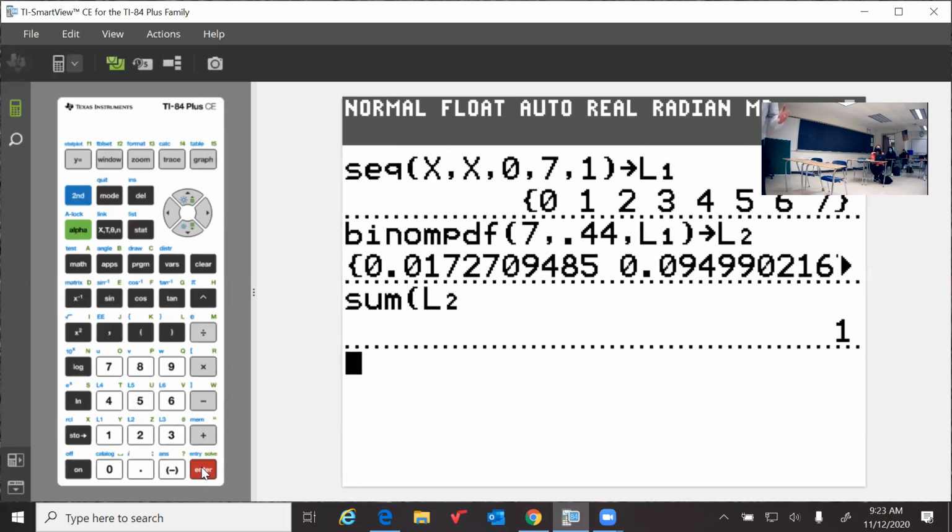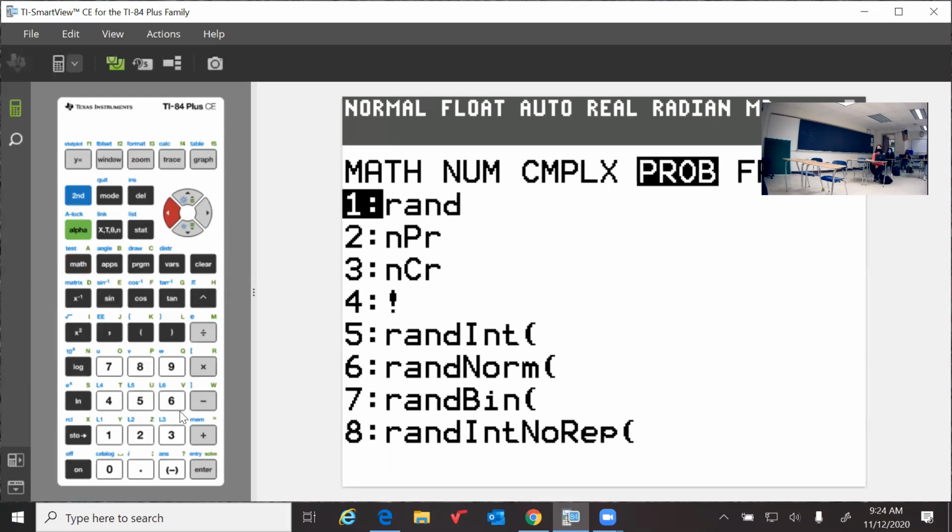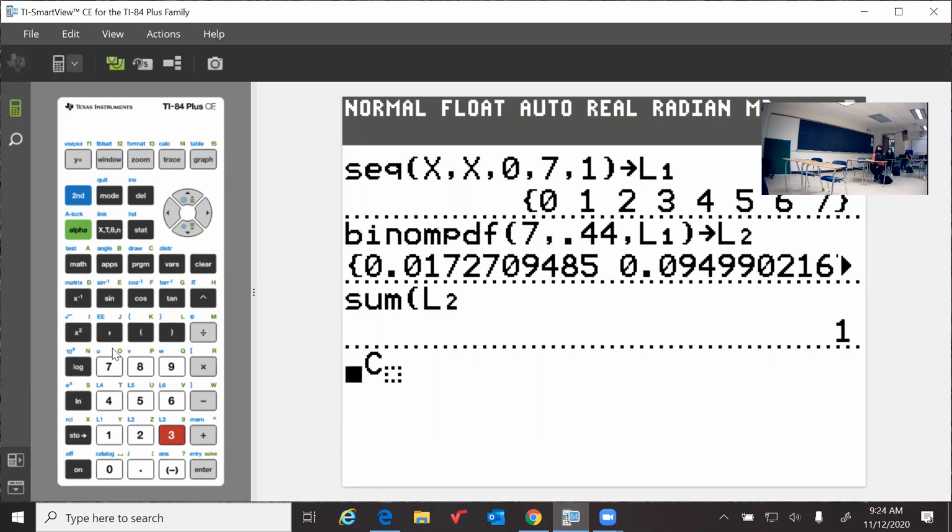Okay. And then the second question is, what's the probability that exactly 4 survive? We could do it this way. Ready? We could go math, PRB, combination. There's 7 choose 4. The probability of success is 0.44. How many times are you going to be successful? 4 times.